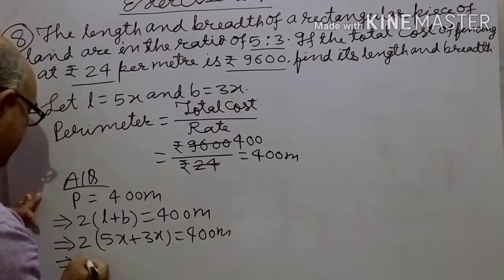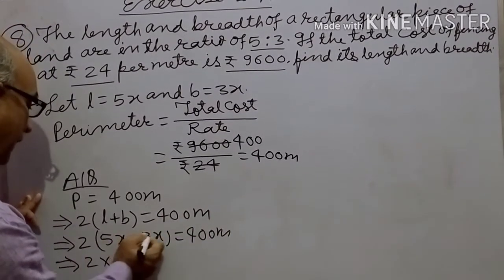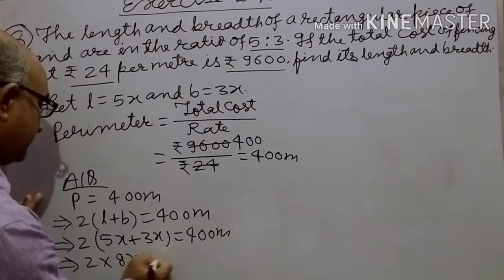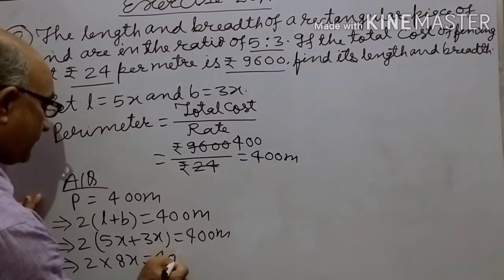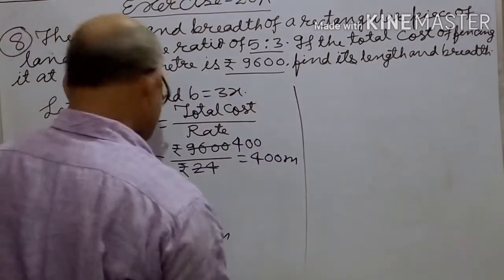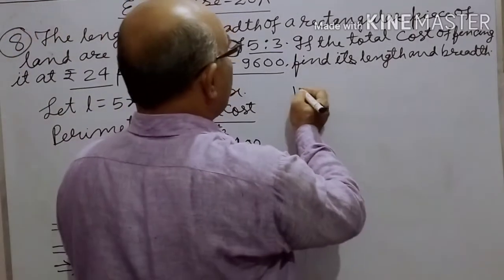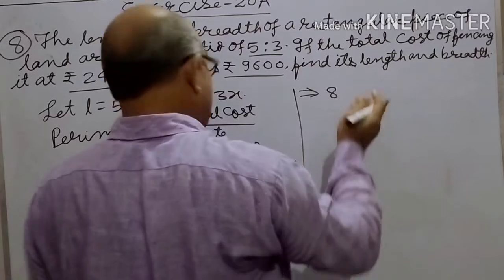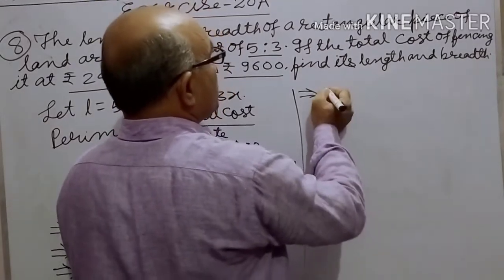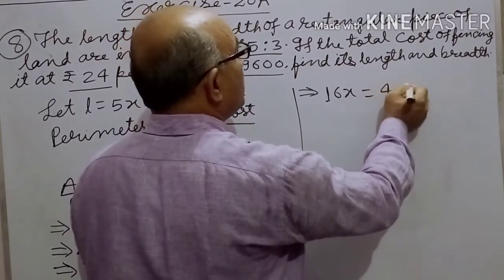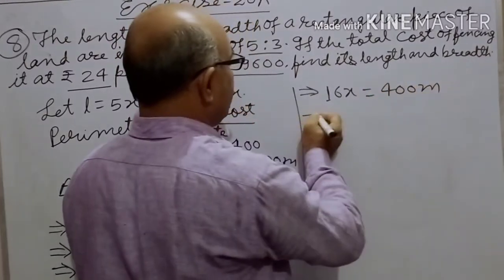That implies 2 into 8x equal to 400 meter. Now that implies 16x equal to 400 meter.